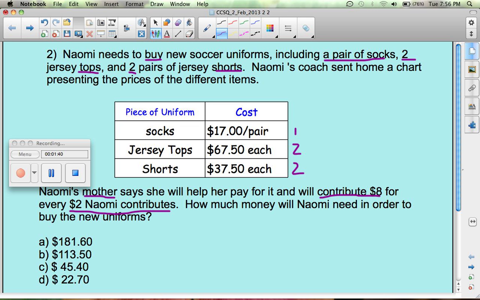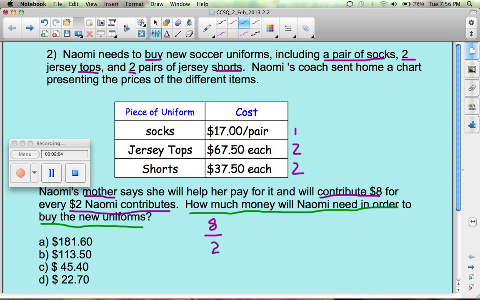Okay, so that's a ratio or a rate of 8 to 2. And the question is, how much money will Naomi need in order to buy the new uniforms?